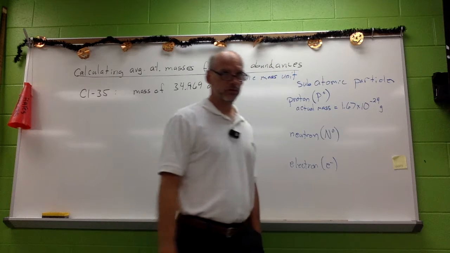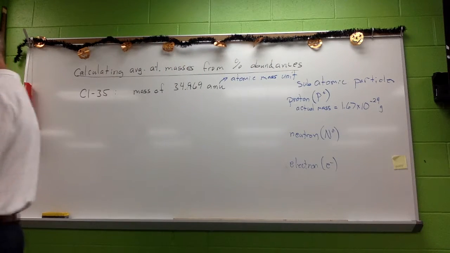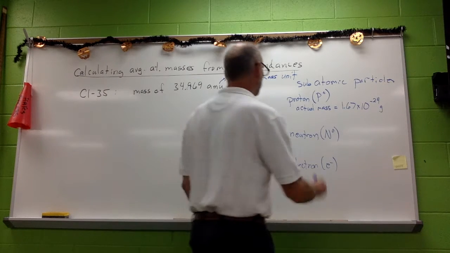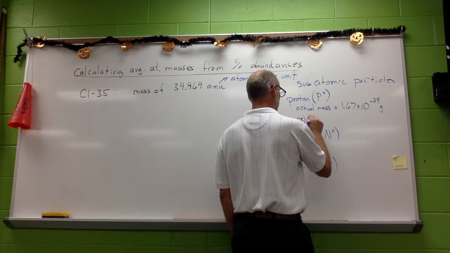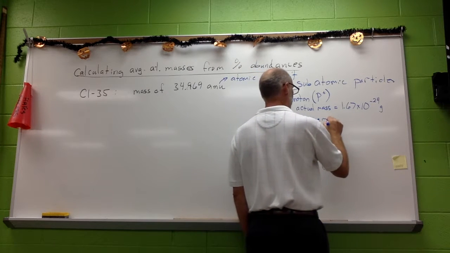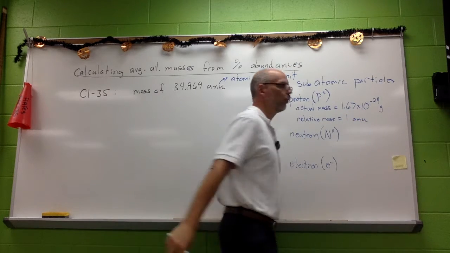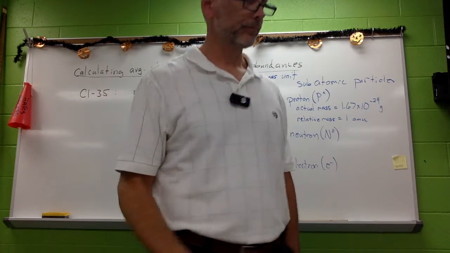Grams. 1.67 times 10 to the negative 24th grams. You guys can't even imagine how small. It's just unimaginable how small that is. The relative mass: one AMU.